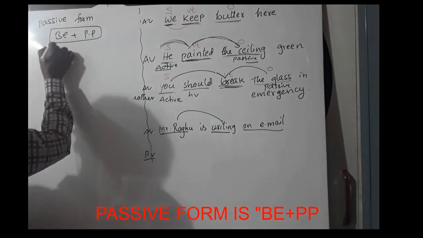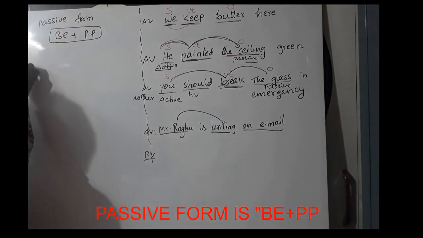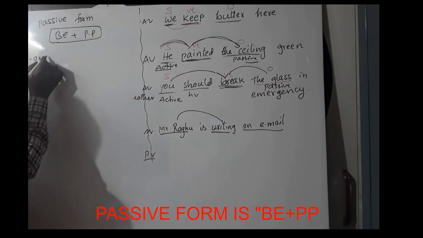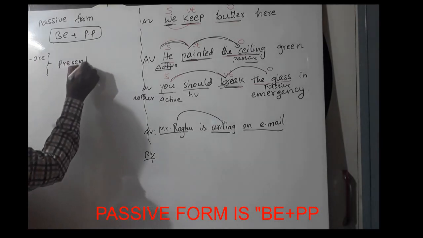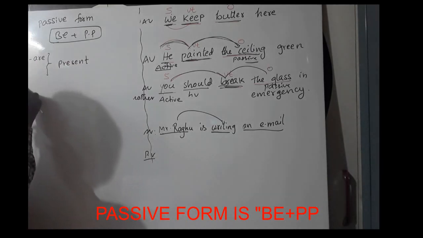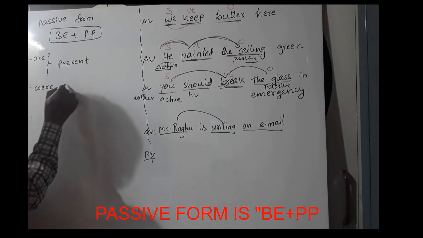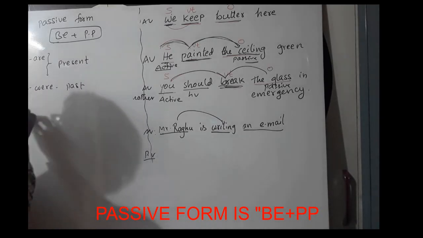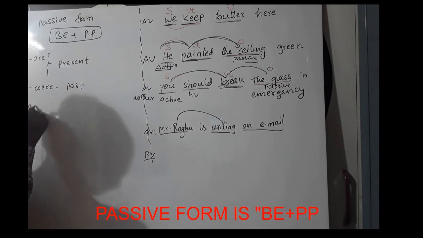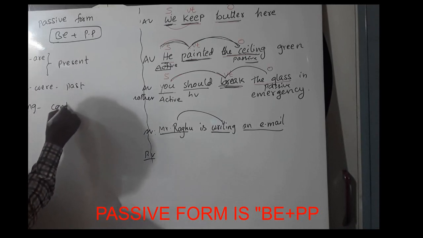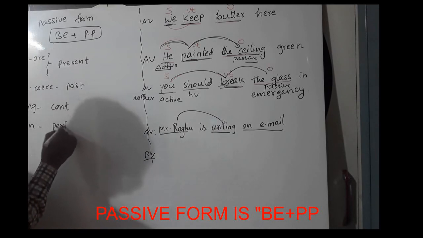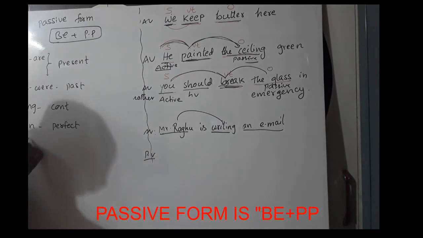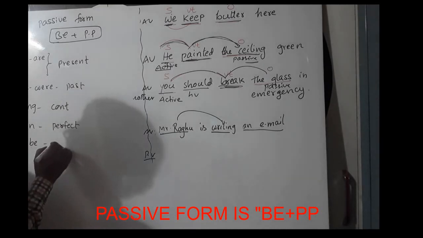So to understand be, there are am, are, is, these three used in present tenses, and was, were, used in past tense, and being is used in continuous tense, been is used in perfect tense, to be is used in to-infinitive.